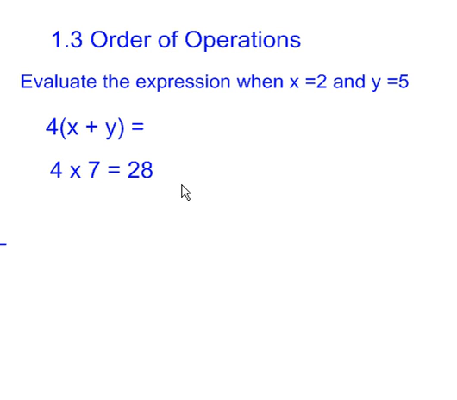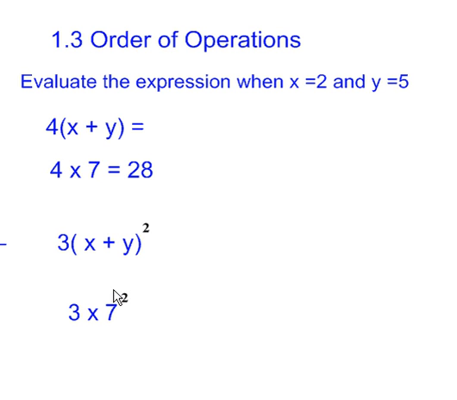Okay, let's look at another one. And this one's going to be 3 times the group x plus y to the second power. Using order of operations, or PEMDAS, we're first going to do the parentheses. And we know already that x plus y is 2 plus 5, or 7. So now that we're here at 3 times 7 squared, order of operations, are there any parentheses from left to right? No. Are there any exponents?